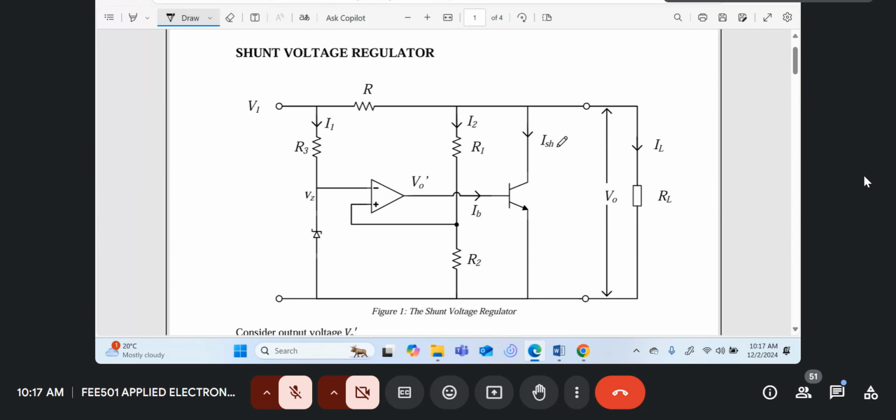On the other hand, if you are drawing the maximum current for this circuit, then I shunt is equal to 0, and IL is equal to IL max. So this tells me that I shunt max is the same as IL max. All that happens is that as the load increases, current is taken away from I shunt. As the load current decreases, I shunt increases. That is how this circuit works.